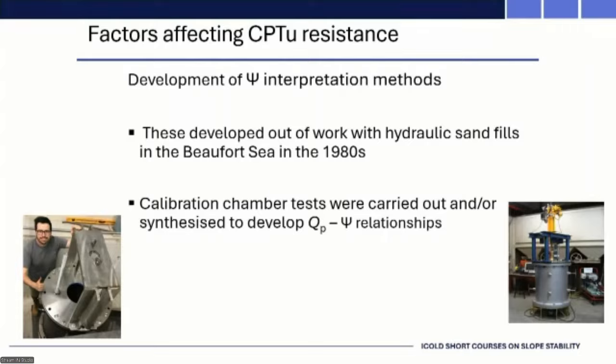We've talked a bit about that, but I thought a couple of slides would show what these large-scale calibration chambers look like. On the bottom right is a photo of a calibration chamber. It's about 0.6 to 0.7 meters in diameter and 1.2 meters high. The idea is that you place your tailings, your sand, whatever, into that chamber at a known void ratio, so you know what the state is.